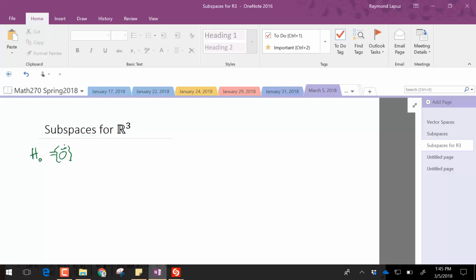And after the 0 vector, the biggest thing would be the whole space.